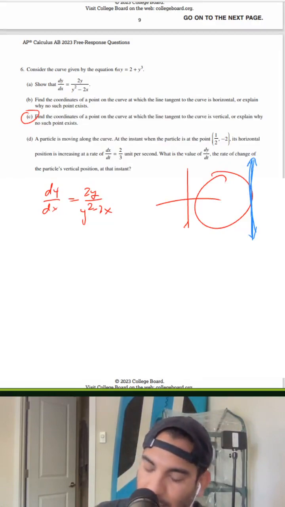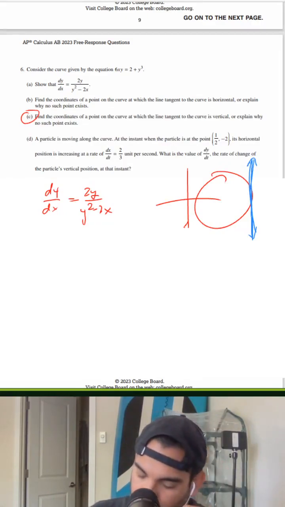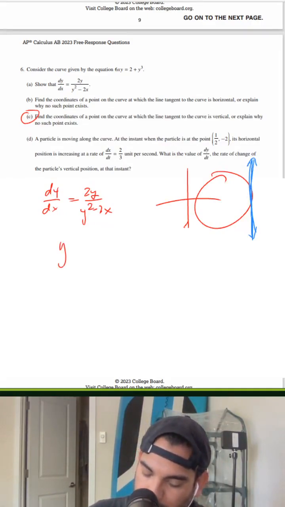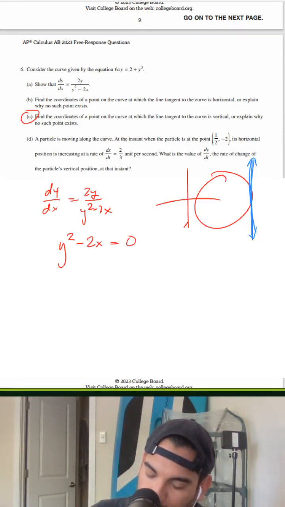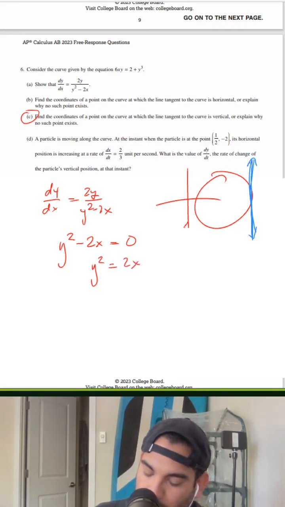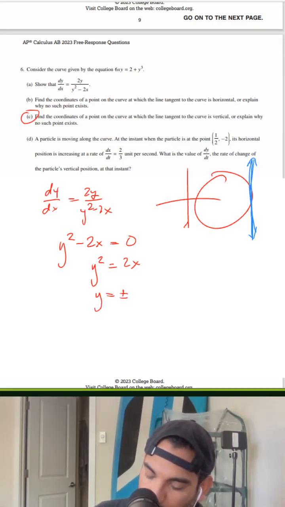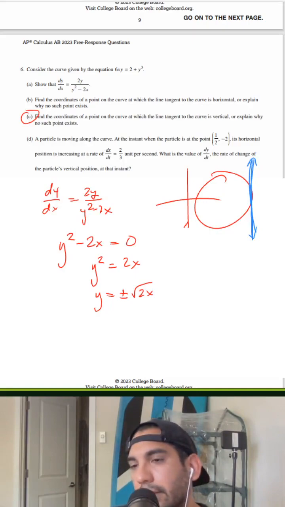So this slope here has to have a denominator equal to 0. That just means that y squared is equal to 2x, and that just means that y is equal to plus or minus root 2x.